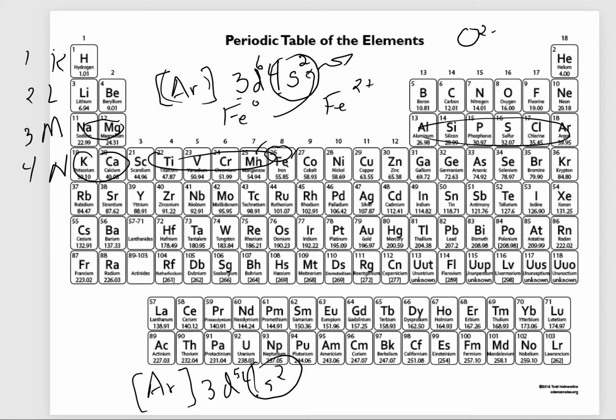Again, we have these two 4s orbital electrons that are happy to be taken away by some other atom, such as oxygen, which has a very high electronegativity. It's happy to grab up 2 electrons. So manganese can also have a 2+ charge. And that can happen with any of these. It can happen with zinc or copper or nickel, and it does.